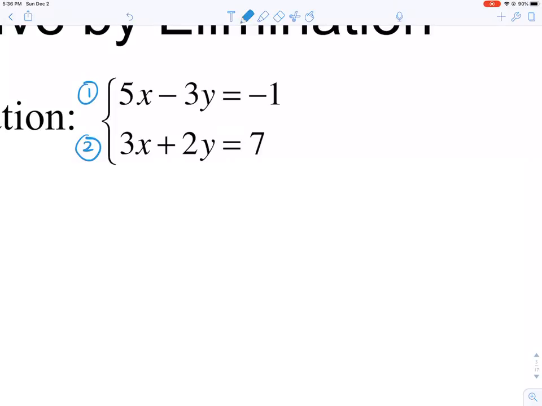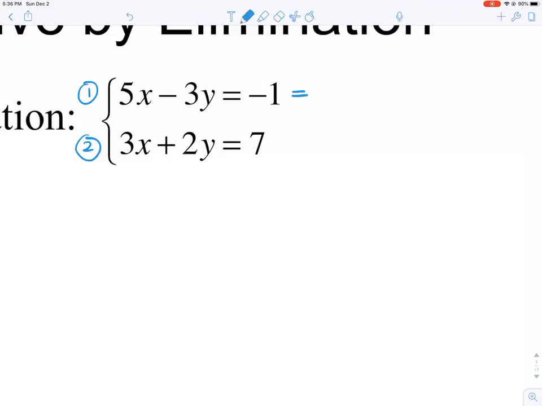But I noticed that in the first equation, the coefficient of the y term is negative, and then in the second equation, the coefficient of the y term is positive. So those are already opposite signs. So the least common multiple of 3 and 2 is 6.